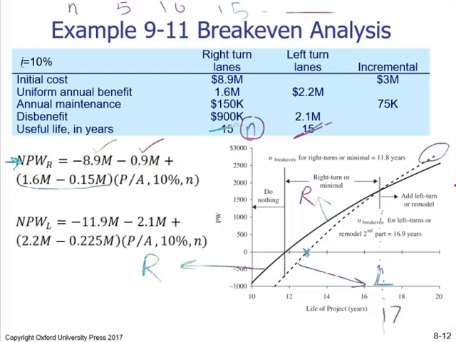So now you just did a sensitivity analysis, you just did a break-even analysis: at one point these two projects are the same, at about 17 years. Before that, right turn is selected, and after that, left turn is selected.